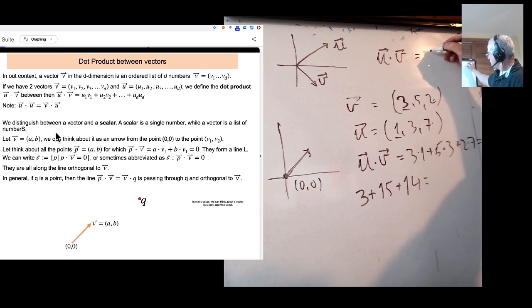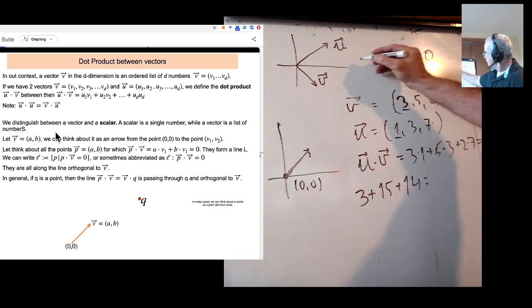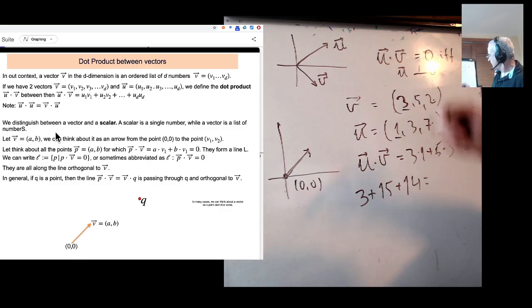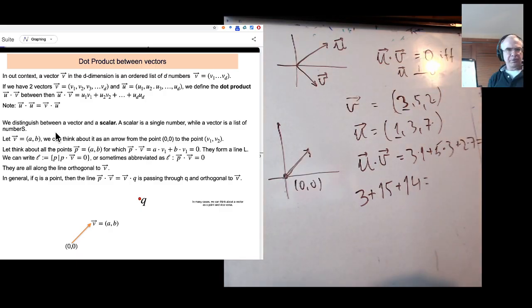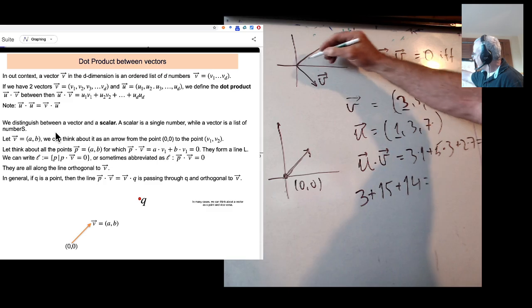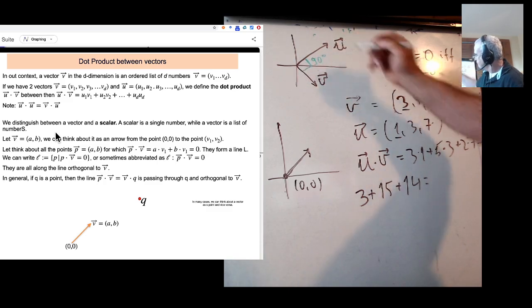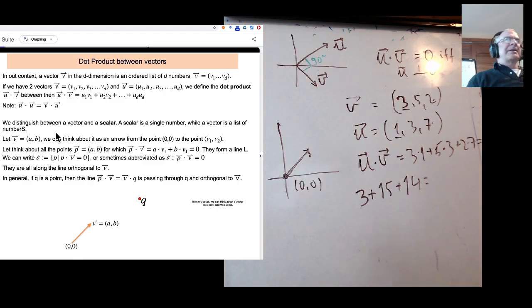Then u dot product v is 0 if and only if u is orthogonal to v, if and only if the angle between them right here is 90 degrees. So it has a very simple geometric meaning.